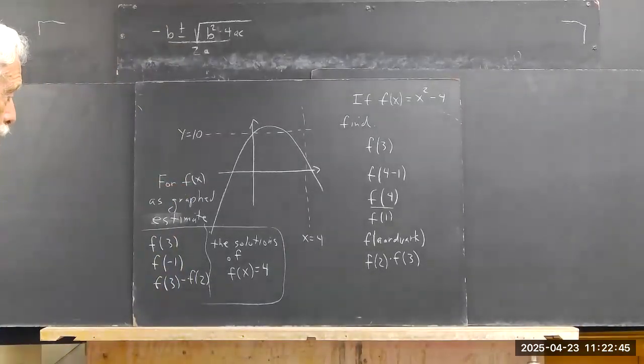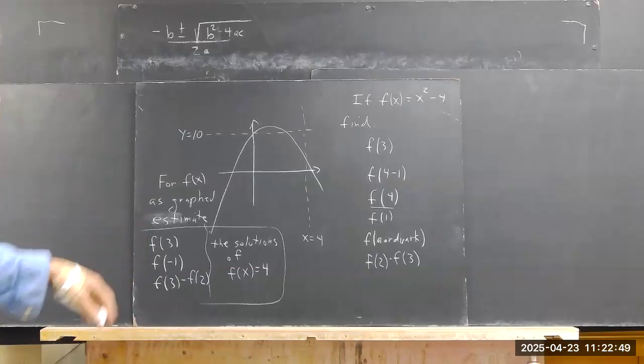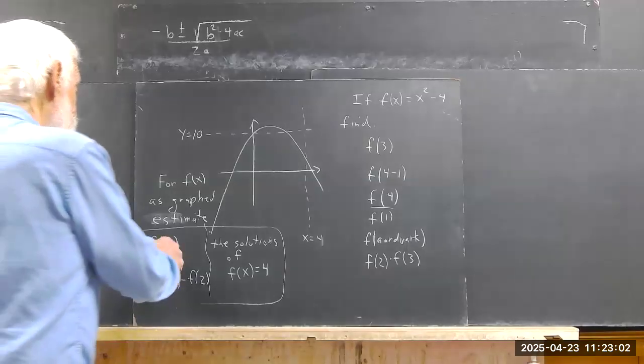And all these on the actual board. F of 3. How do you estimate f of 3? Well, if you're going to estimate it like on a test or something, you better show me how you're estimating. Don't just write down a number. Show me.